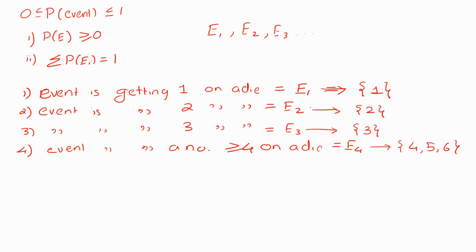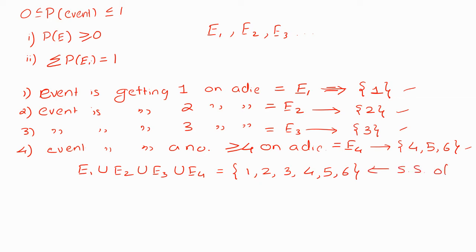Suppose these are now my sets. If I take the union of them, that is E1 union E2 union E3 union E4, all these sets will be grouped together, and what will it give me? 1 2 3 4 5 6. This is the sample space of a die, right?